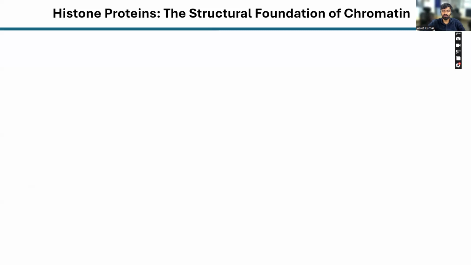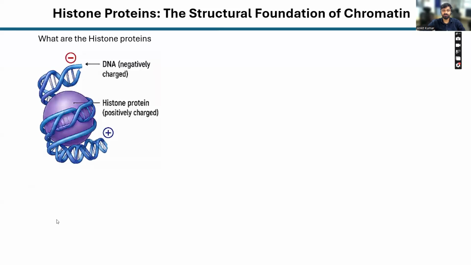Histone is a small, positively charged protein, over which DNA is wrapped, due to the negative charge of the phosphate-sugar backbone. These positive and negative charges attract each other, and therefore DNA naturally wraps around the histone protein.